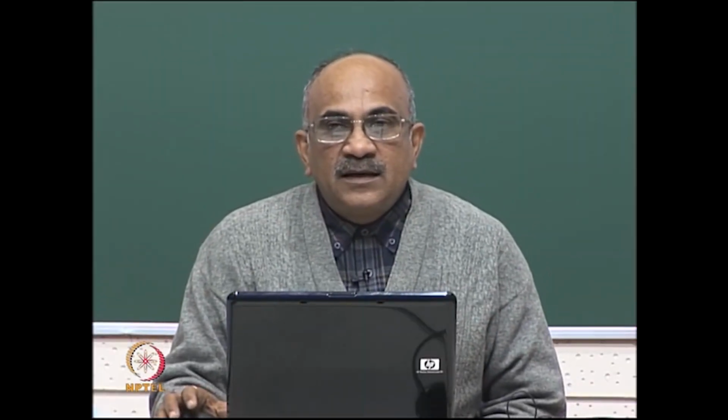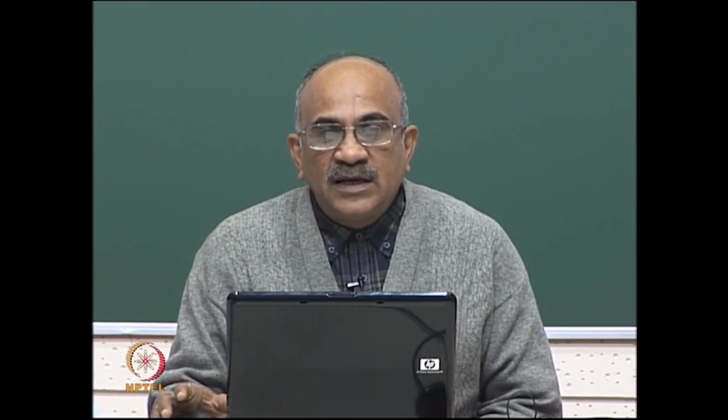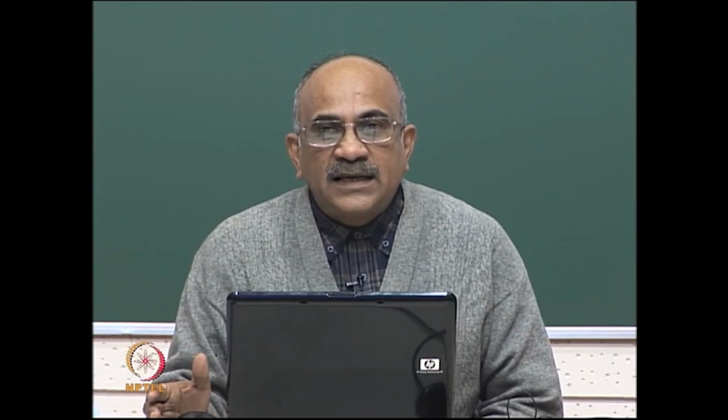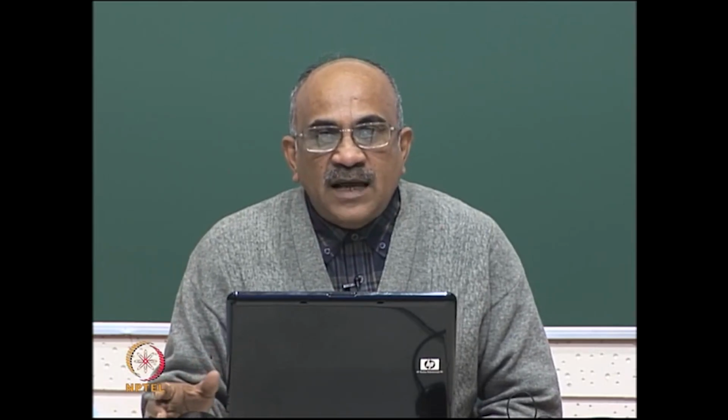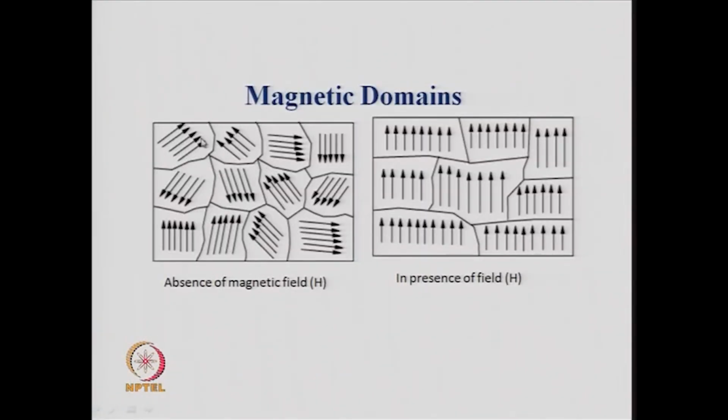So, in a ferromagnet, although the definition of a ferromagnet is that even in the absence of a magnetic field you should see magnetization, sometimes you do not see that, because the moments in these domains cancel each other. So, although they are aligned among themselves within a domain, different domains cancel the net magnetization, and in that case the value of the magnetic moment that you would expect for the ferromagnet, you will not get.